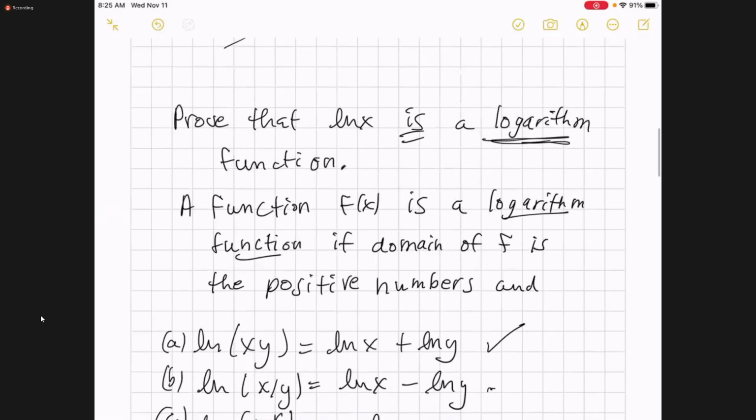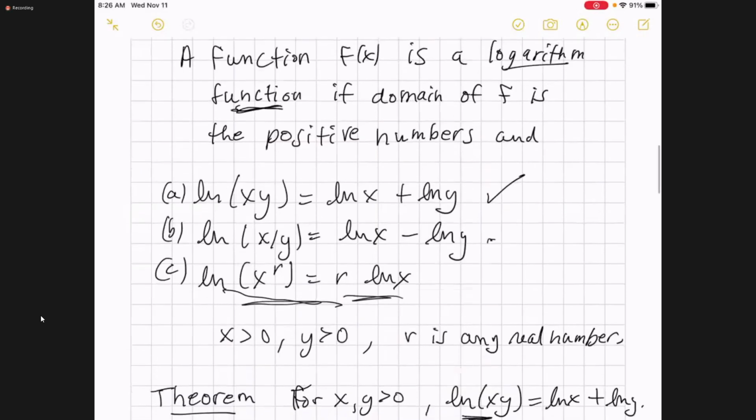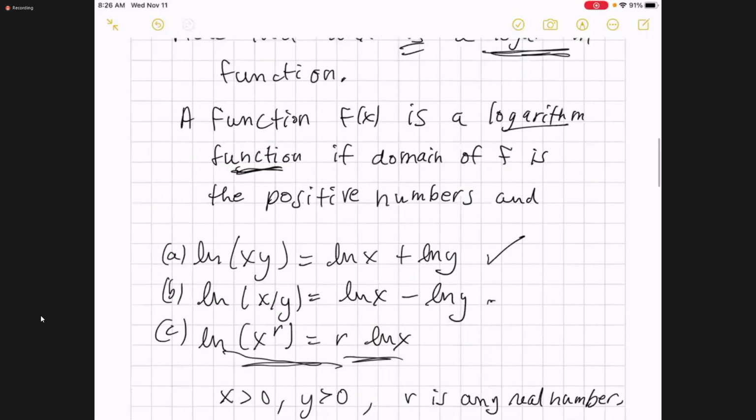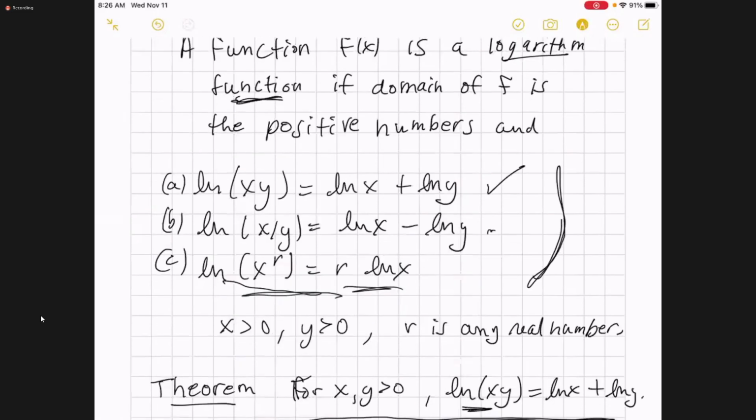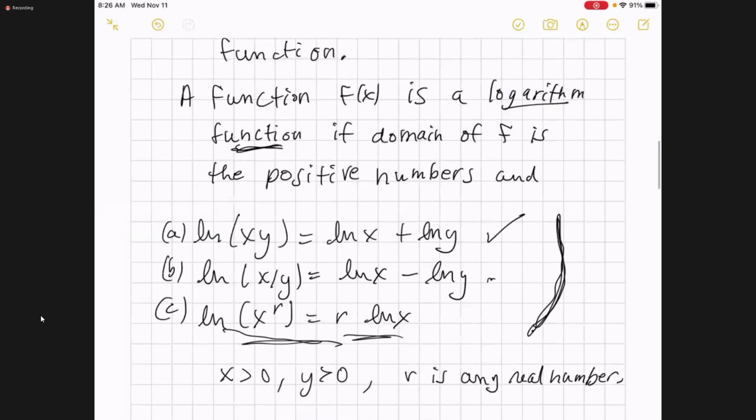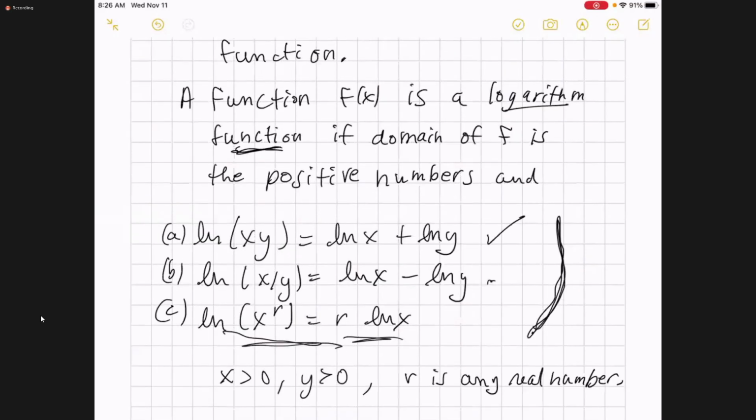A function is called a logarithm function if, first of all, its domain's got to be the positive numbers, and it has to satisfy these three algebra properties. So if I'm calling my function a logarithm function, I must show that my function satisfies these three properties.